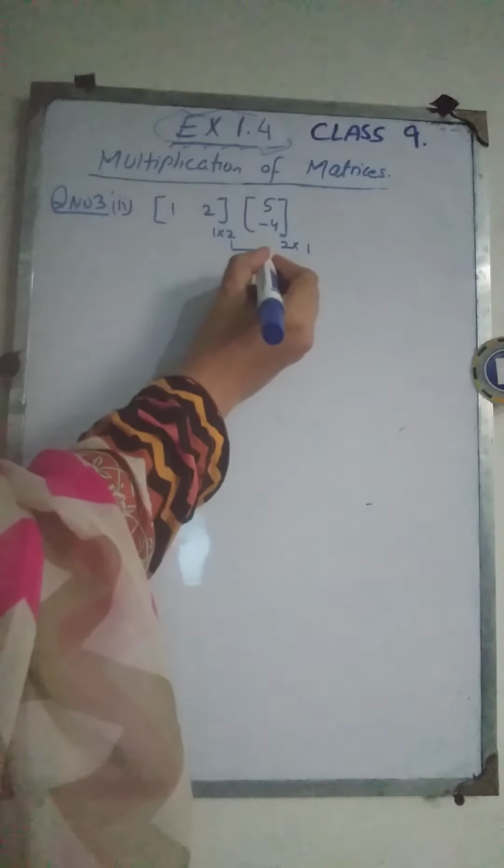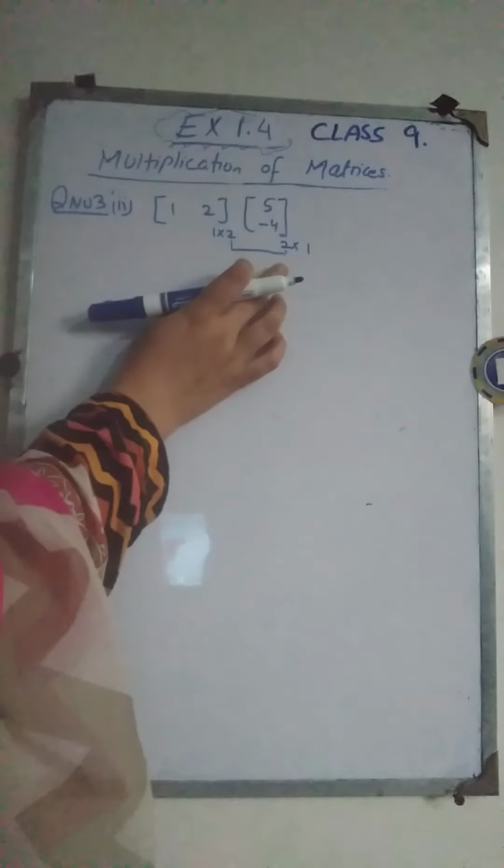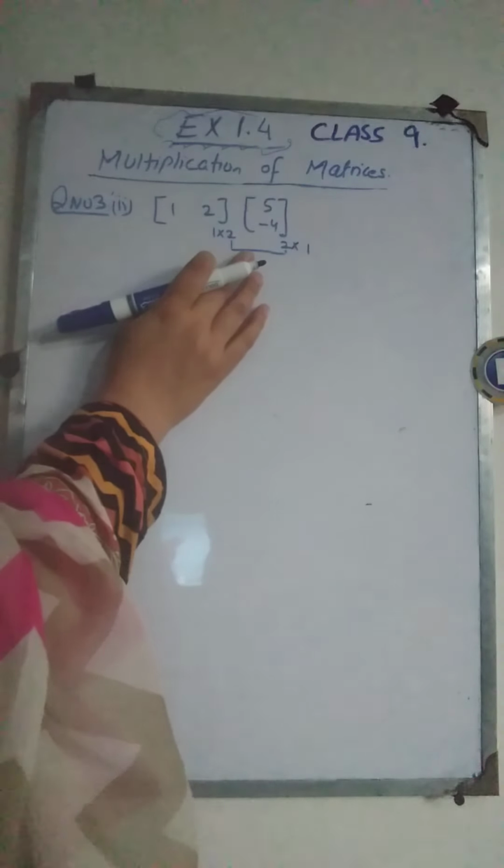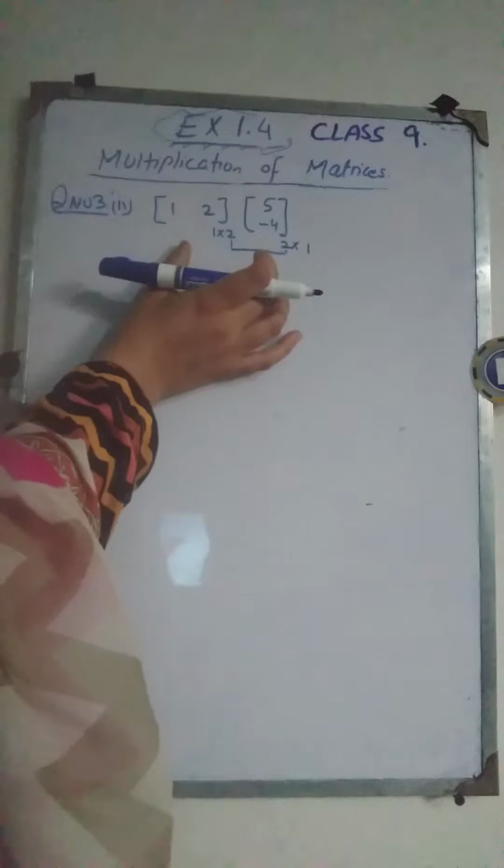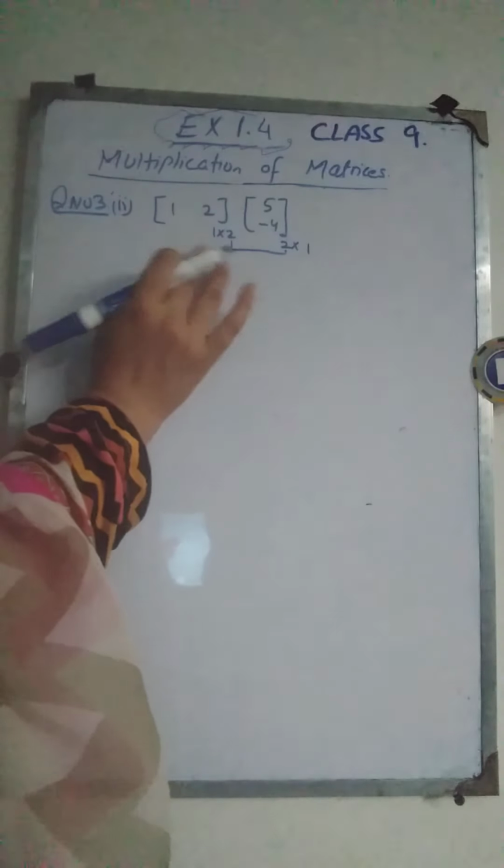Two rows and one column. Now, as the number of columns in the first matrix is equal to the number of rows of the second matrix, therefore this multiplication is conformable. Both these matrices can be multiplied. It is possible to multiply these two matrices. And the resulting matrix, the product matrix, will be of order 1 by 1.